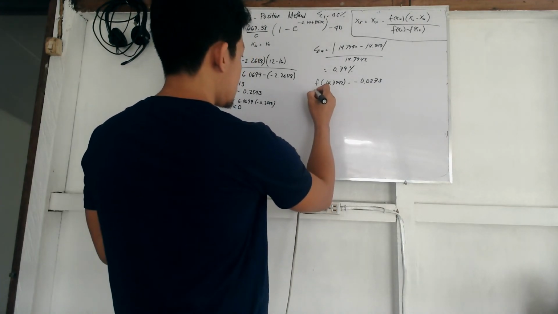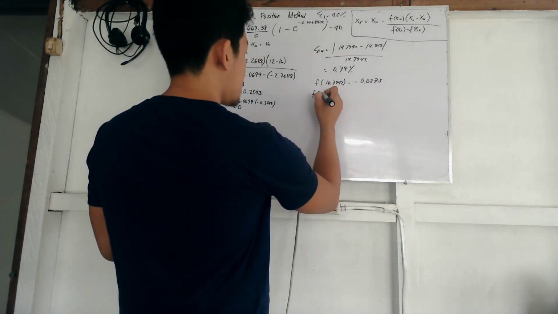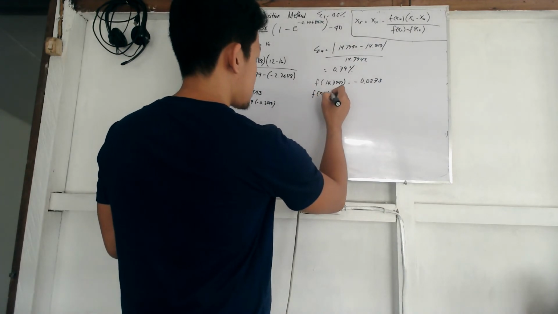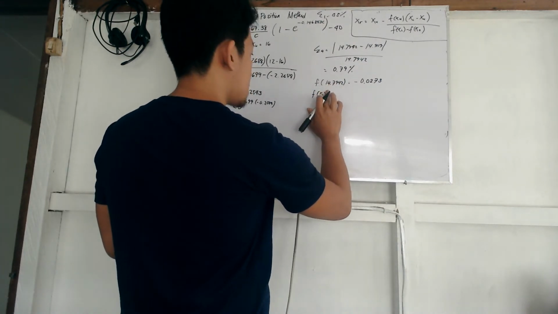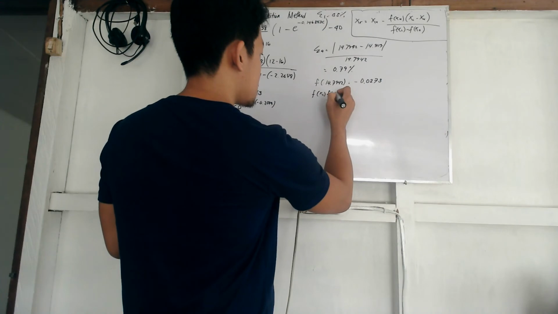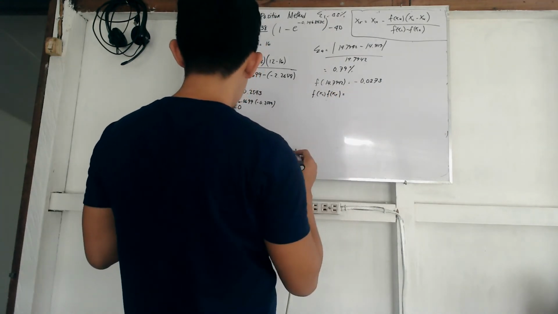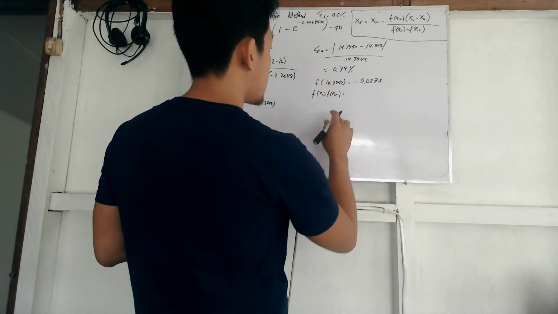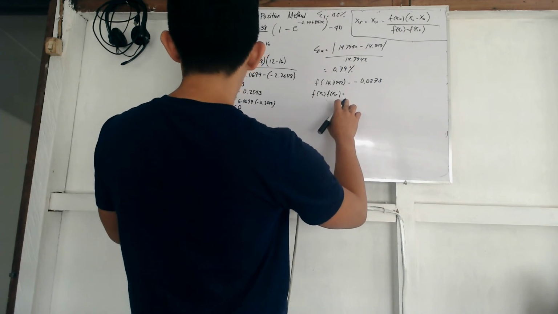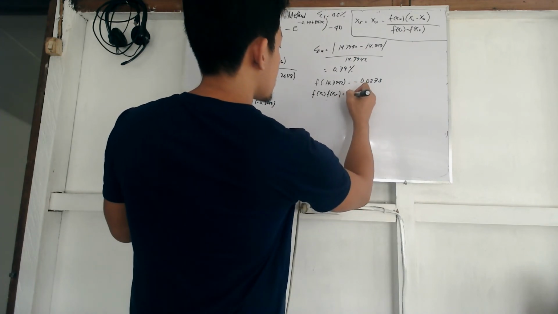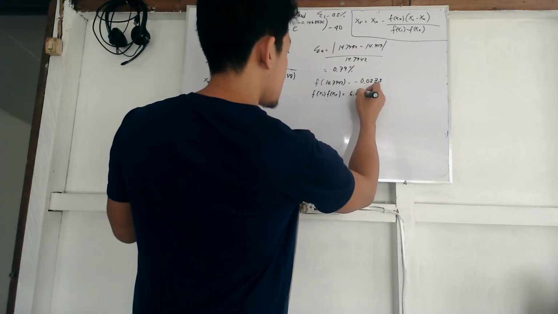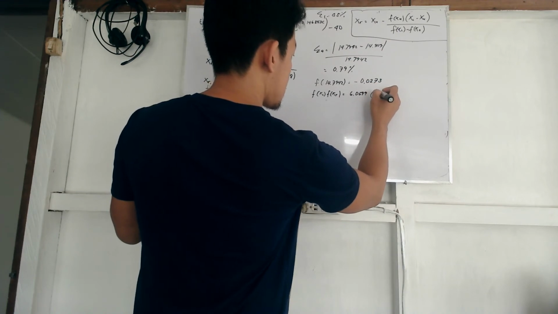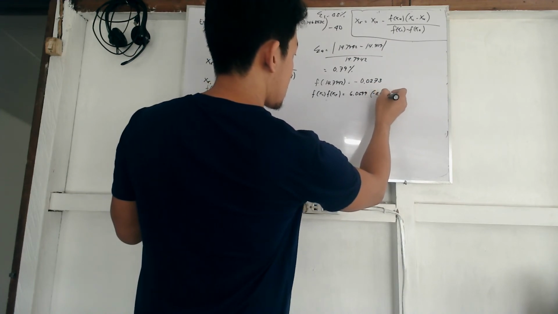Again, test whether f of XL times f of XR. So you have XL is 12, 6.0699 times negative 0.0273.